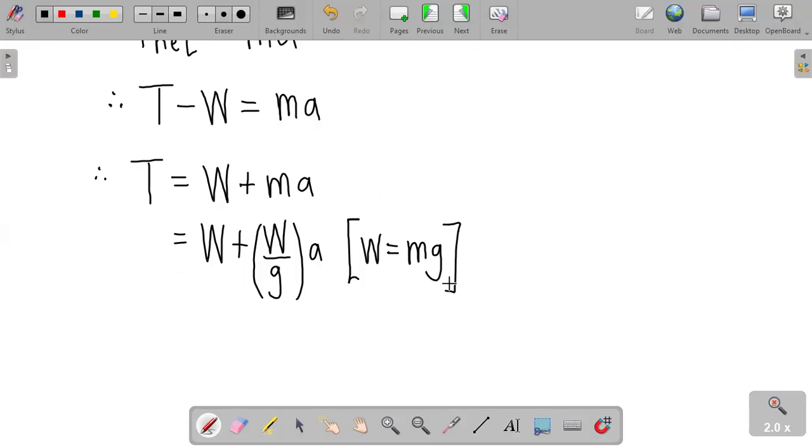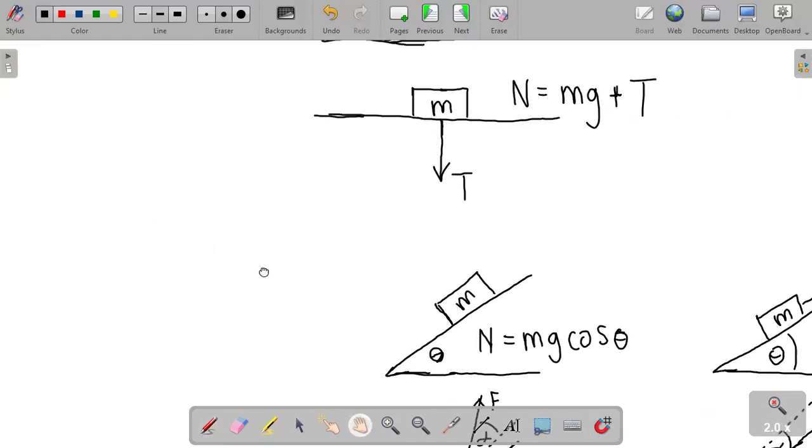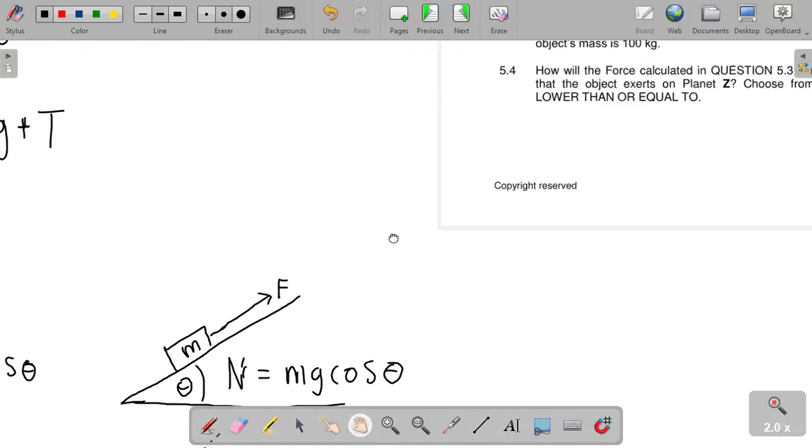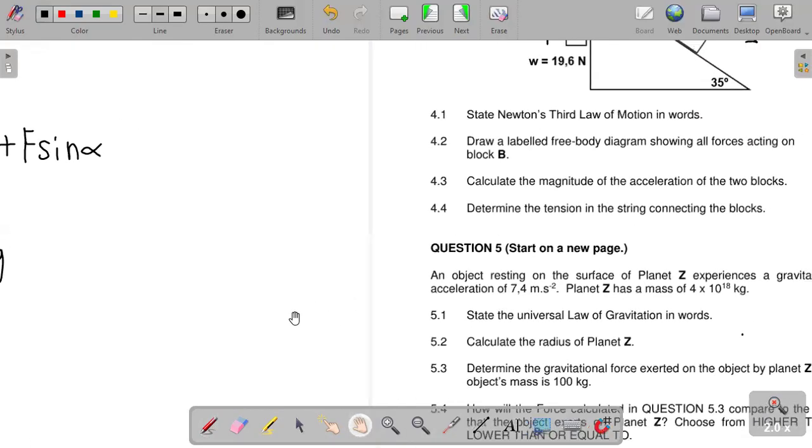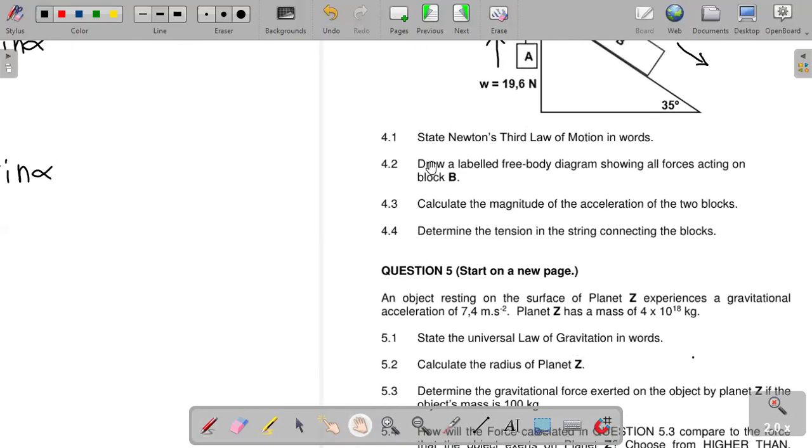So we can just change the subject. If we divide both sides by g, then we find m. So then this is going to be equal to, they gave us 19.6. Is it 19.6? Yes, the weight that they gave us is 19.6.